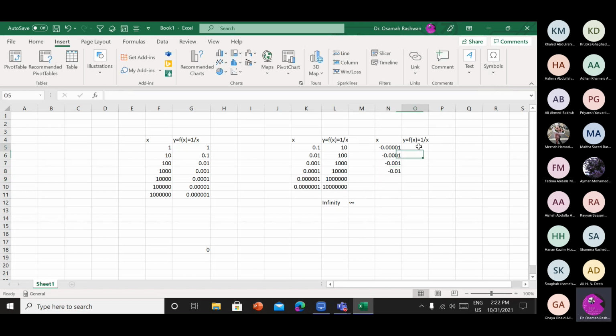Now let's have the value of this one, equal to 1 over x. So the numbers are going to be smaller, right? It's going to be what? Smaller. So if you go further than this one, 0.1, yes, smaller.